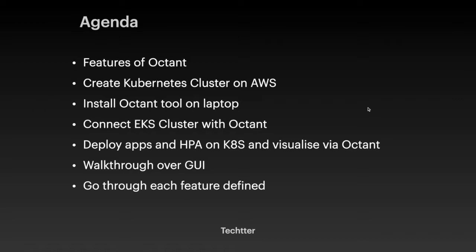And of course we need to create a Kubernetes cluster, and I'm going to create a Kubernetes cluster on AWS cloud, and install the Octant tool on the laptop, and I will connect our Kubernetes cluster with the Octant tool, and we deploy some apps, and we'll monitor and visualize all the pods and nodes via the Octant user interface, by walking through each and every tab that is defined on the GUI.